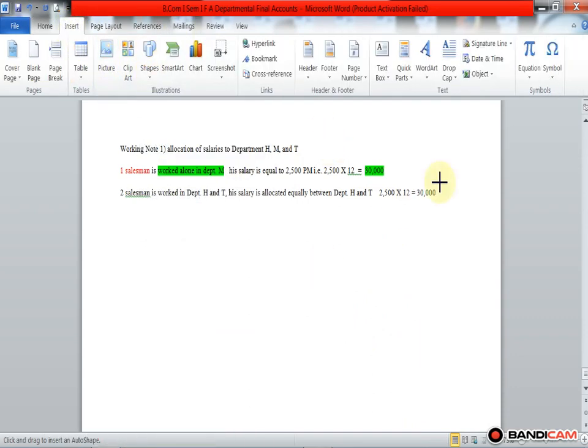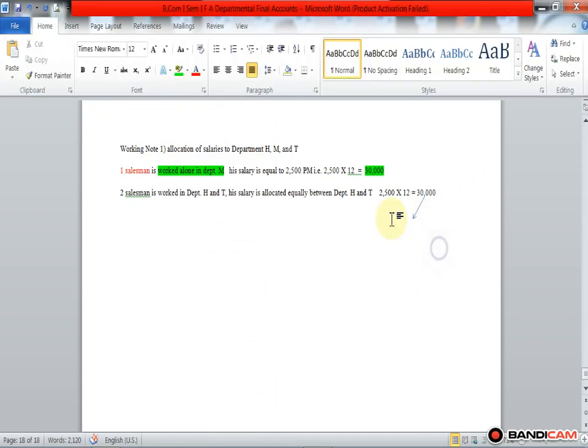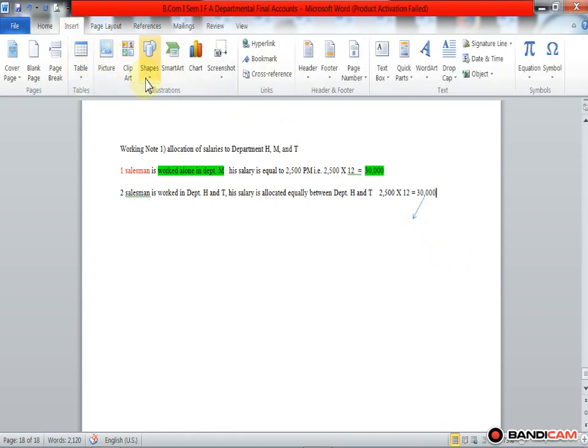So here this 30,000 is distributed equally. Equally means 30,000 divided by 2, we get 15,000.